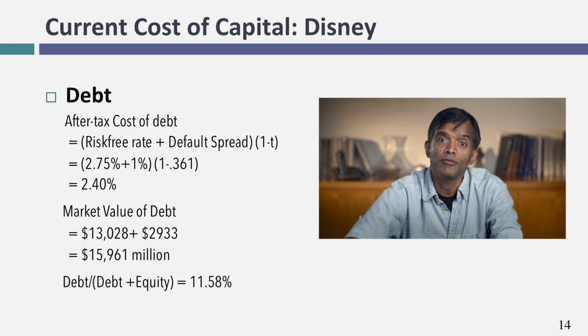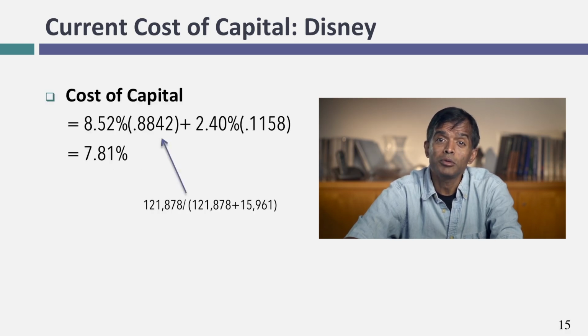I estimated the market value of debt in the last few slides at $15.96 billion. That gives me weights for debt and equity of 82.4% equity and 11.6% debt. I plug in those weights, and with the cost of equity and cost of debt I've computed, the cost of capital I have for Disney as a company is 7.81%.